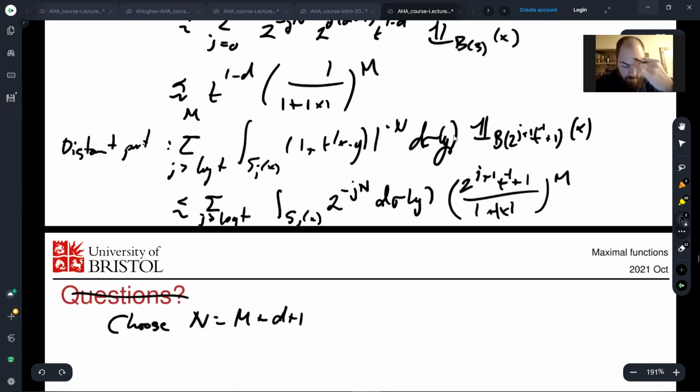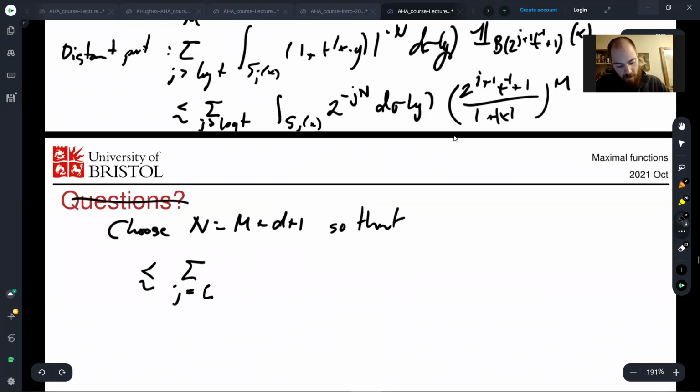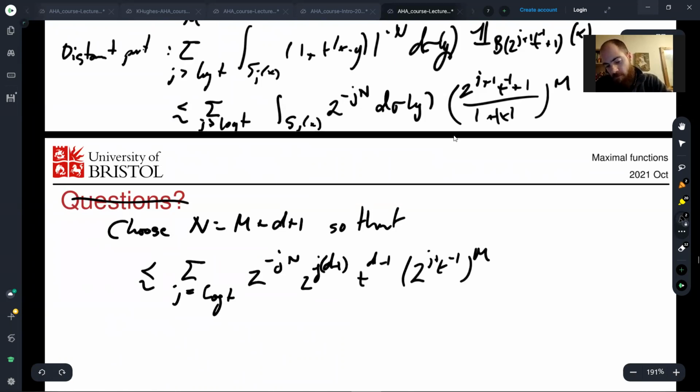And so I end up having that the above is at most the sum over j greater than log t of 2 to the minus j n, 2 to the j(d minus 1), t to the d minus 1, and 2 to the j t inverse to the m, over 1 plus |x| to the m.